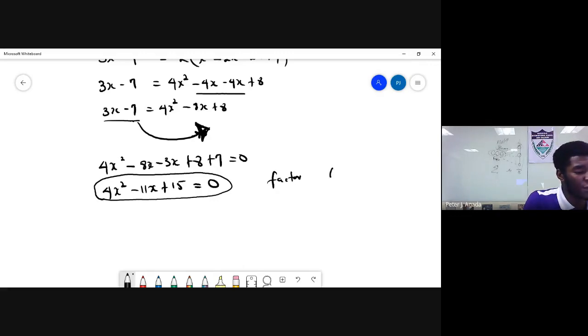So we can have 60. So let's have two numbers that when we add them up, they'll give me negative 11.